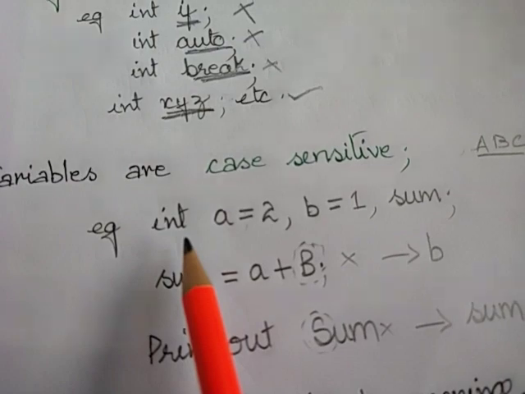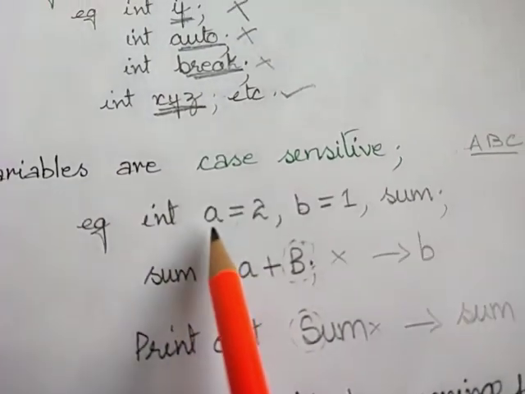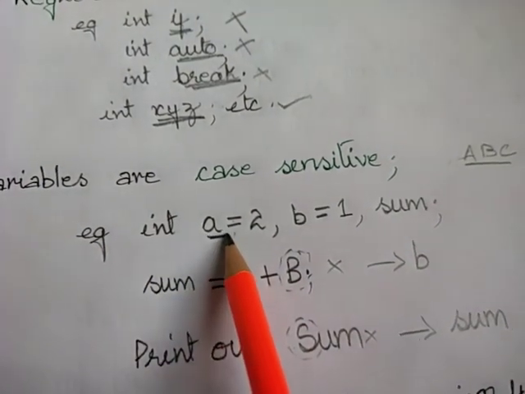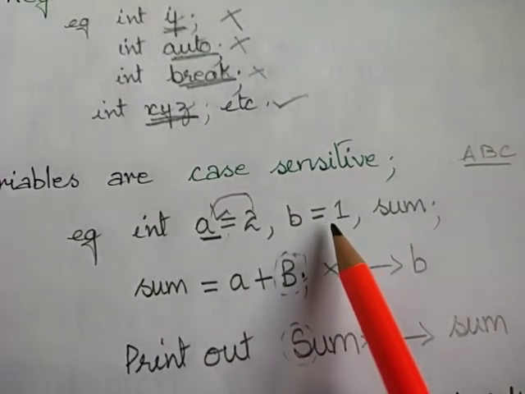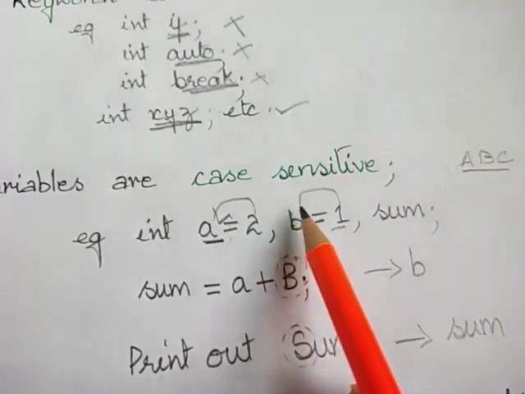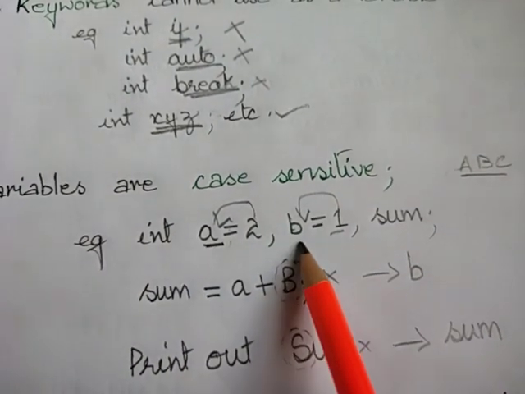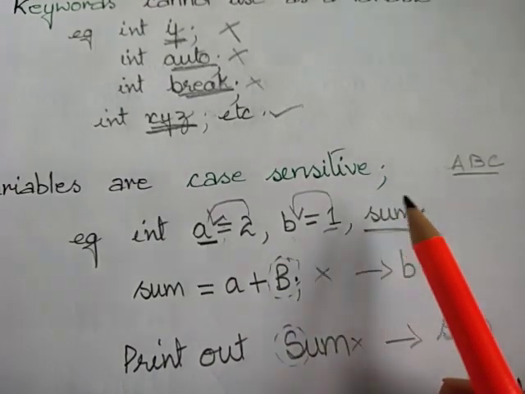In my program, I want to add two values. Therefore, I declare two variables. My first variable is A, which takes the value 2. My second variable is B, which takes the value 1. And I want to add the values of A and B. Therefore, I declare a third variable to hold that sum.